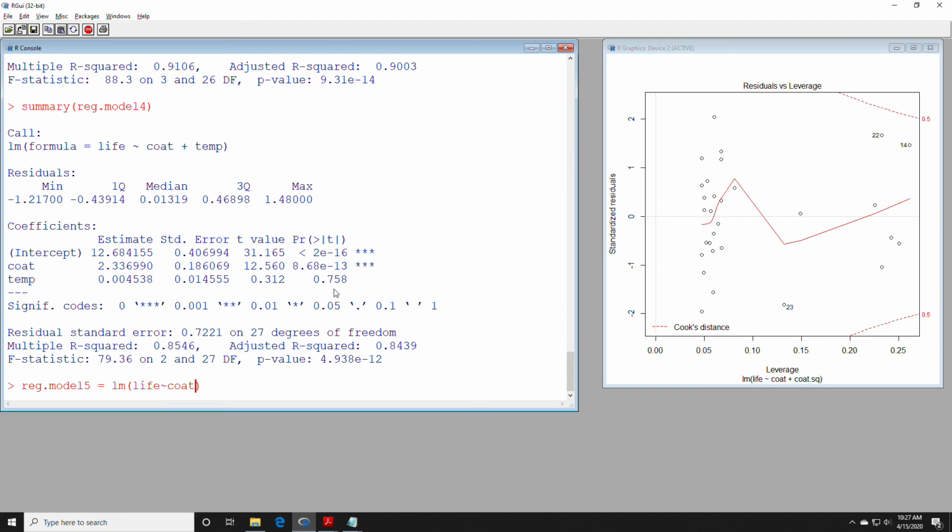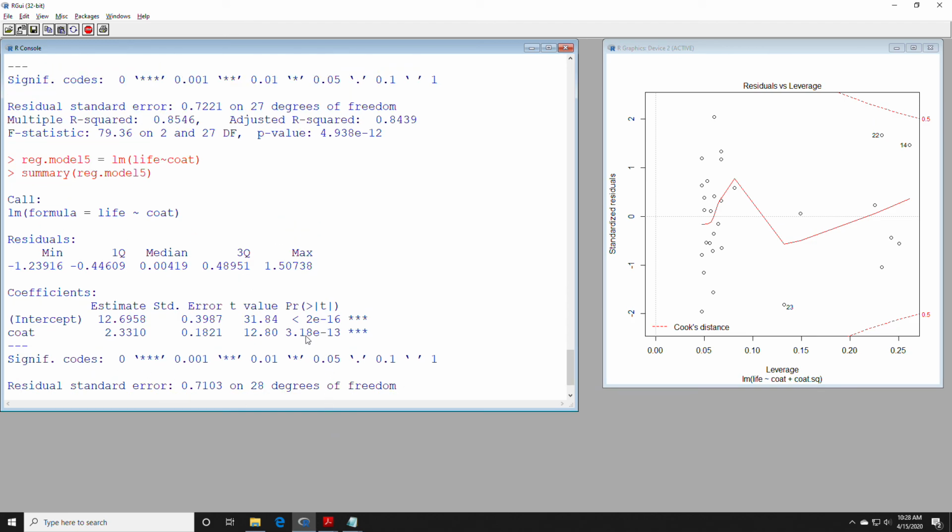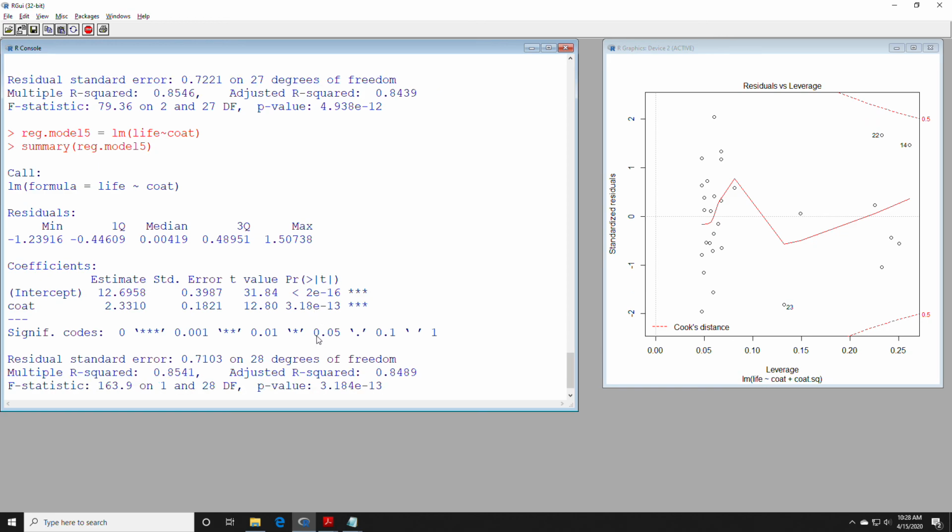It appears, again, based on this p-value, temperature is not needed in the model. So the only thing left in the model is just coding. So let's fit that. Summary reg.model 5, we got a significant p-value.